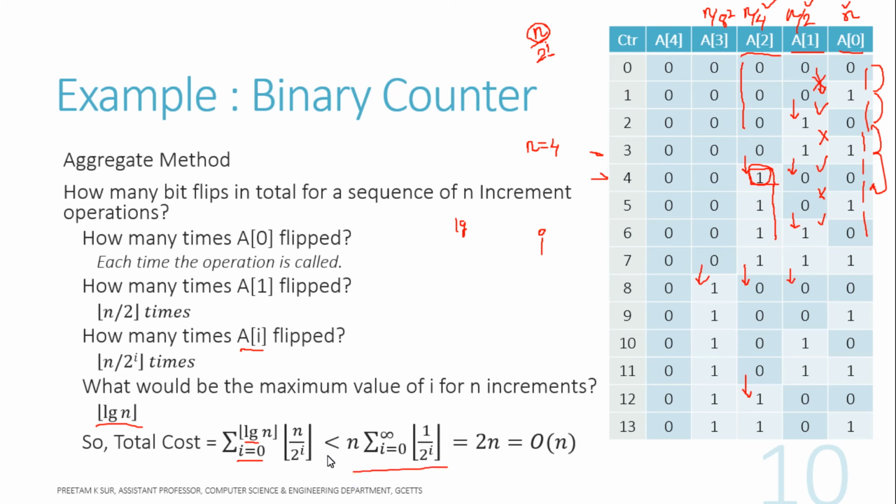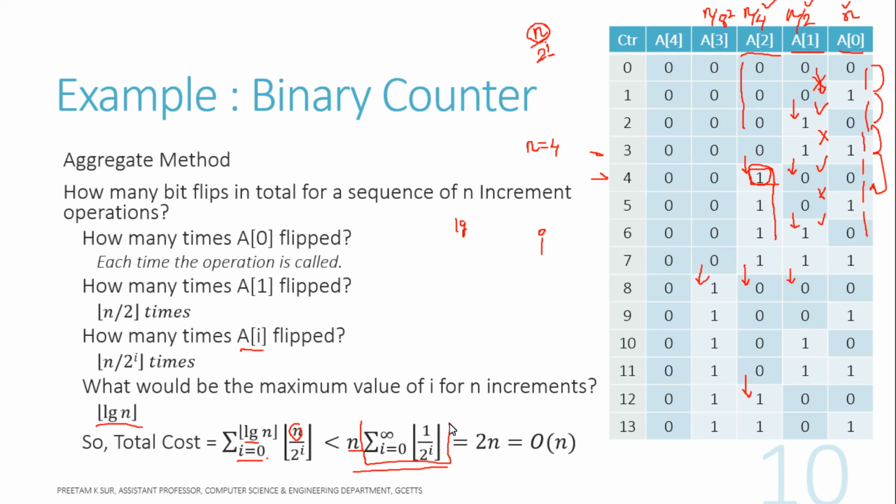What it is telling is that it takes n out as common, and it extends the range of summation from 0 to log n to 0 to infinity, and it remains 1 by 2 to the power i.